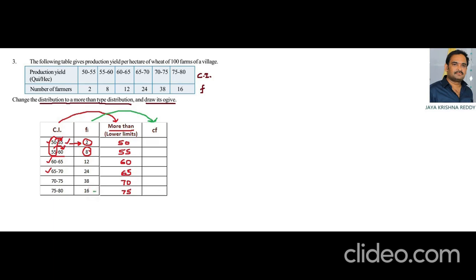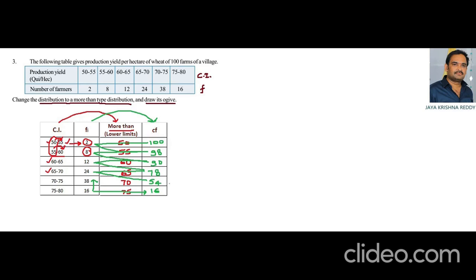The last frequency 16 we have to write as it is, and for the next CF we have to add the 16 to the next frequency value, 16 plus 38, so it is 54, and next add this 54 to the next frequency 24, so it is 78, and next 78 to 12, it is nothing but 90, and 90 to 8, it is 98, and 98 plus 2 equals 100.